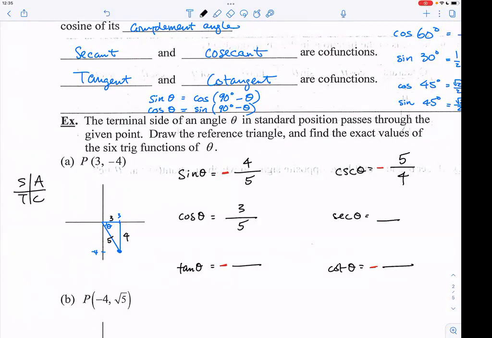So secant theta is 5/3. Tangent theta is 4/3 negative, because the 4 is negative. Cotangent theta would be 3/4 negative. Easy, very easy. Okay.